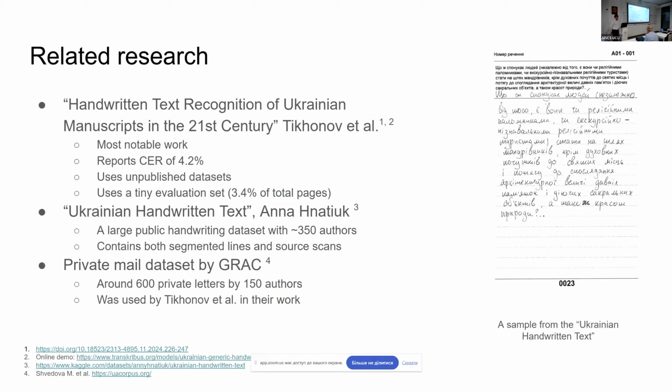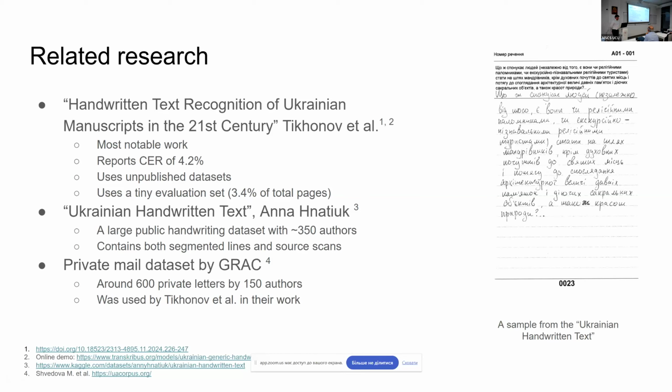This dataset contains scanned pages, as I've shown on the right. The ground truth for this dataset is very straightforward. It is provided, and the images are already provided in normalized, binarized form, so they can be easily used for training.